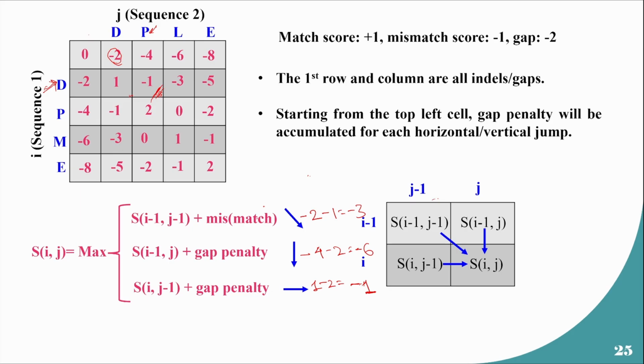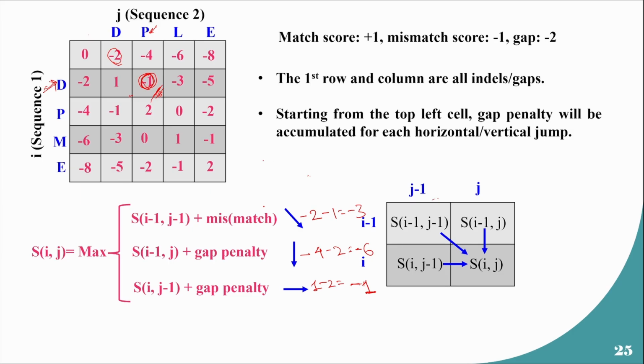Another important process that I did not mention is that whenever you obtain the proper value for a grid, you have to put an arrow showing from which direction this value was obtained. If it's obtained from the upper side, you put an arrow in this direction, which will allow us to trace the path to get the alignment, as we'll see later.